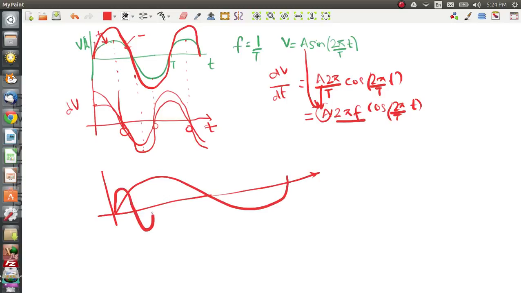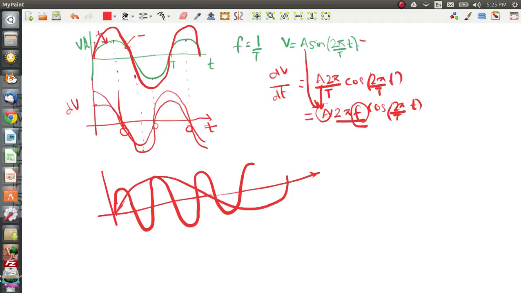And if I have exactly the same amplitude but it's going faster, I can see that even though it's the same amplitude, the speed at which I'm changing here is much slower than the speed I'm changing there. So the derivative is going to be larger, and that's why it's also proportional to the frequency, which is coming from here. 1 over T is frequency.